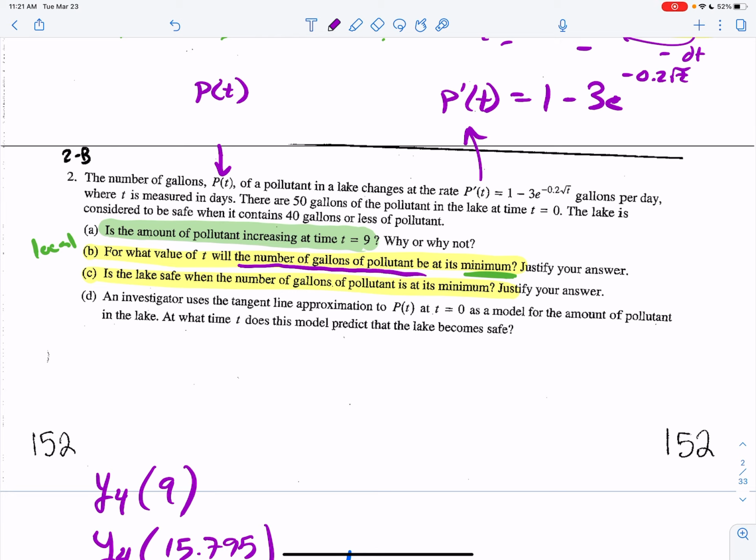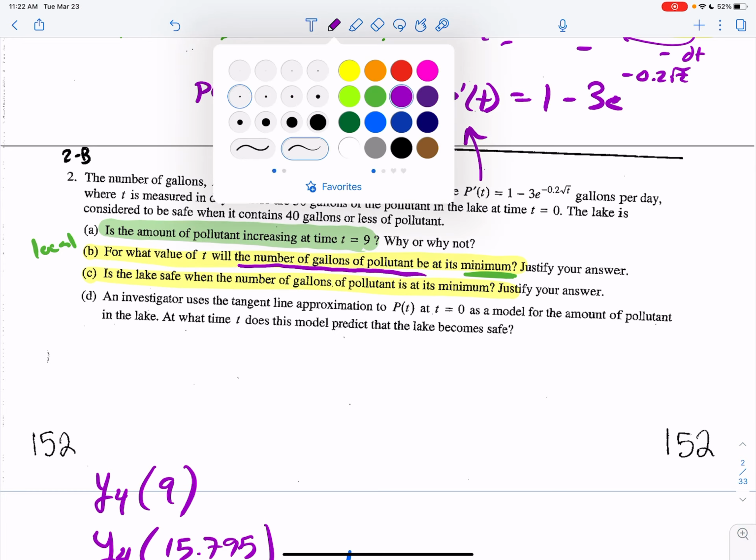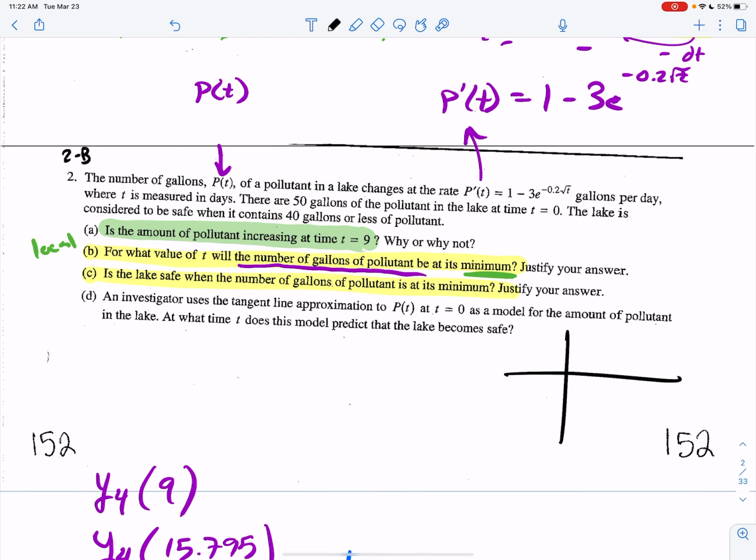I'm going to type this into my y1. And again, make sure that negative 0.2 is a negative, not a minus sign, or else you're going to get some type of weird syntax error. I'm going to hit graph, and make sure your window is on default, so ZOOM 6 if you want to go back to default. Based on the graph, I'm looking for a 0, and so far it's not crossing the x-axis.